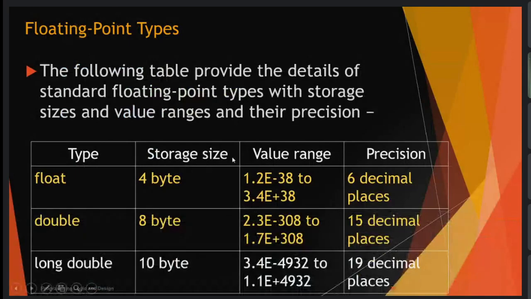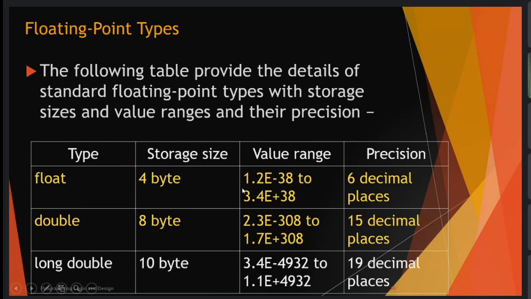Now, again, talking about floating point types as we can see here. Even though, as you can see guys, it is equivalent to 4 bytes, if it's 4 bytes, the range should be the same as the integer, right? But as we can see here, the range for floating points is different.